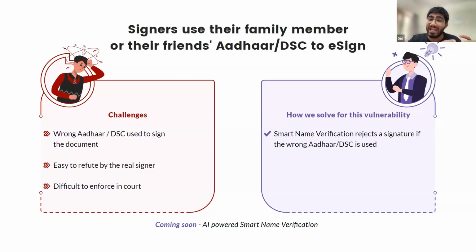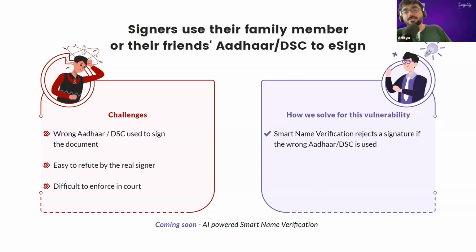AI-powered smart name verification accounts for a lot of these custom situations that you see on the ground in India, and gives you a score that is predictive of actual similarity between two different names, which goes much beyond just string similarity. That gives you further sophistication in how you are protecting yourself against fraud, while at the same time not compromising on efficiency and not causing a problem for genuine customers.